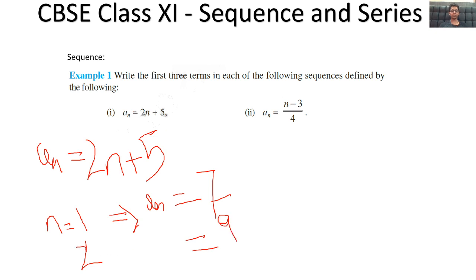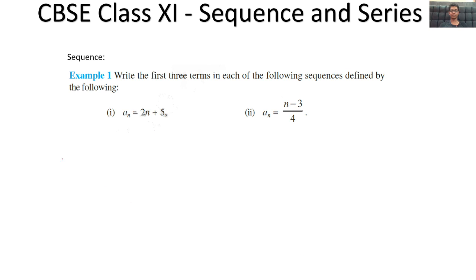For n equal to 3, we have an equal to 11. So that's the sequence which we got: 7, 9, and then the third term is 11. Those are the first 3 terms of this particular sequence.